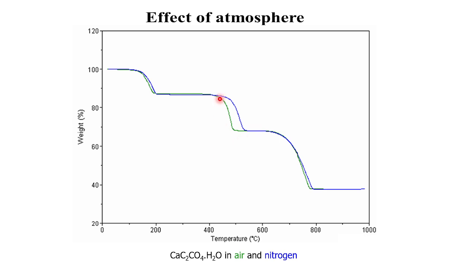Here it is showing, see, after 400 degrees centigrade, when it is nitrogen, the degradation takes place at higher temperature, but if it is oxygen, the degradation starts at slightly lower temperature, since in presence of oxygen or other oxidizing agent, the oxidation will be enhanced and it will deteriorate the material fast.